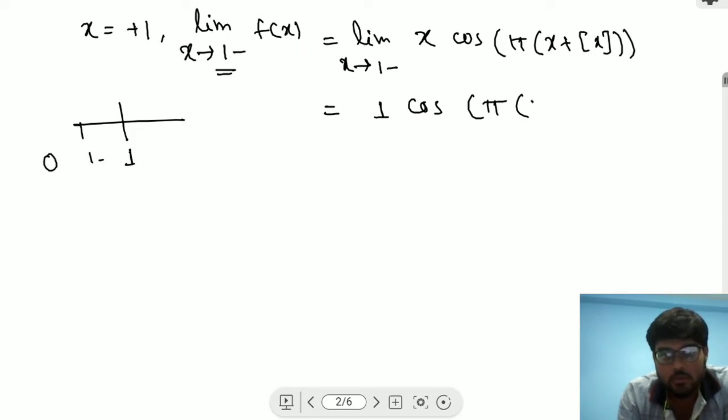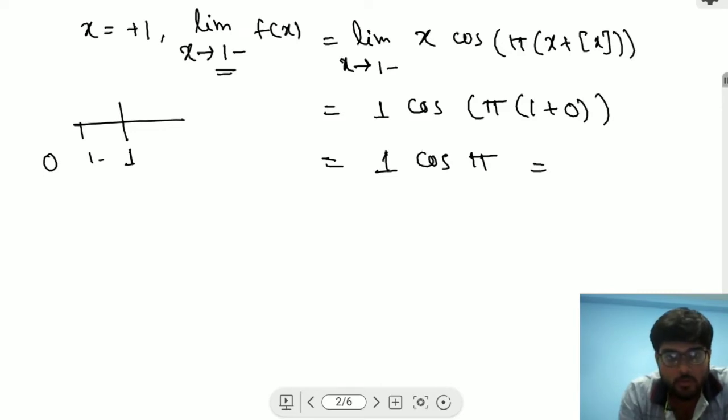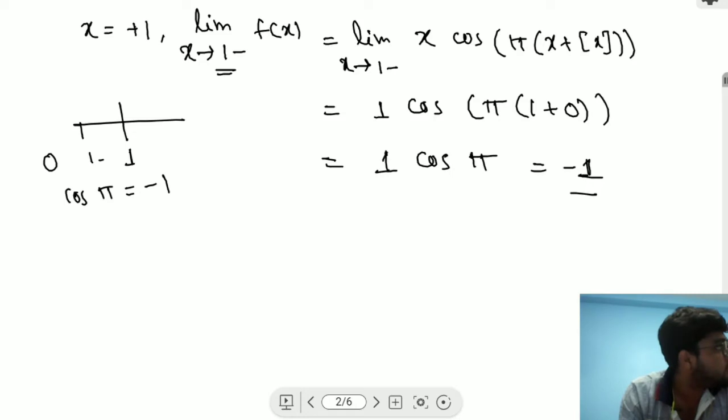So this is 1 into cos pi, and you know that the value of cos pi is equal to -1, so this will be equal to -1.